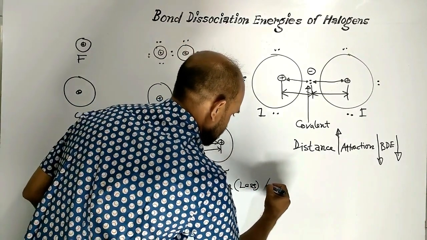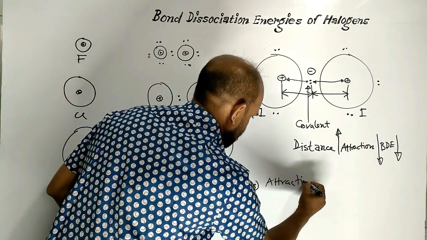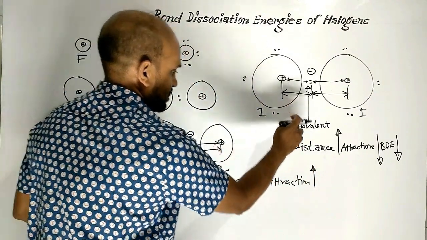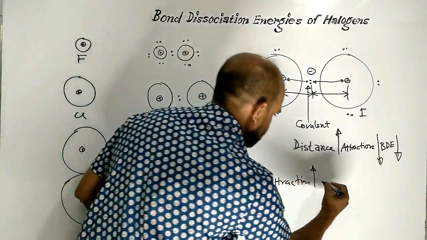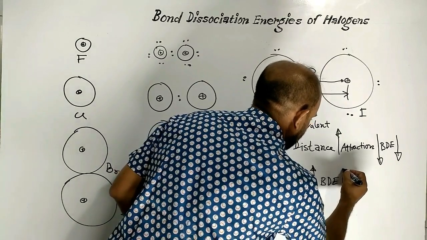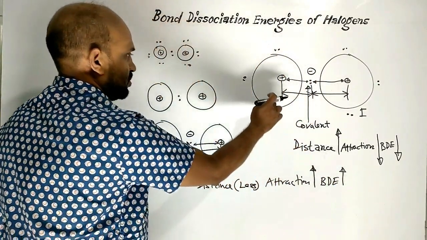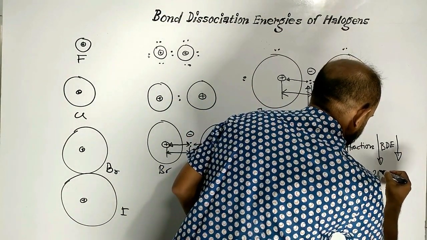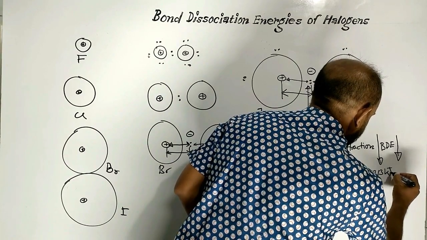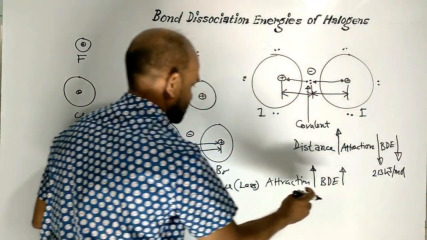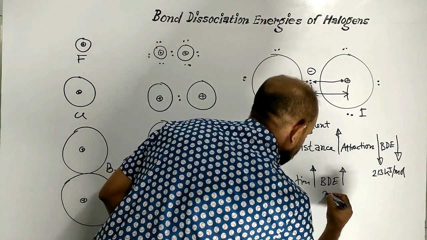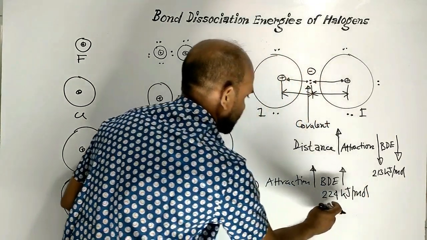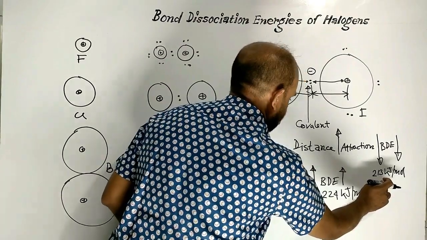Less distance, attraction is a bit higher compared to the iodine molecule. Attraction higher, bond dissociation energy will be a bit higher compared to iodine. And that is the reason for iodine this is 213 kilojoule per mole, but for bromine this is 224 kilojoule per mole, a bit higher than iodine.